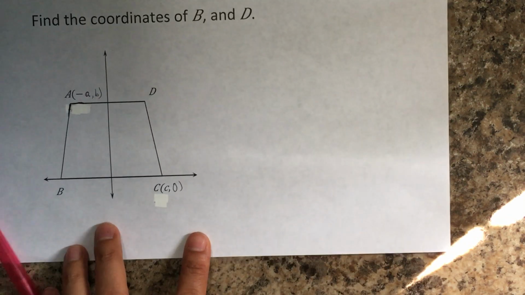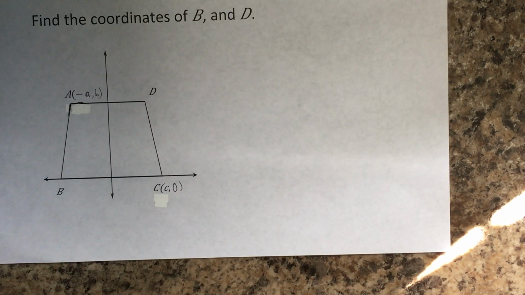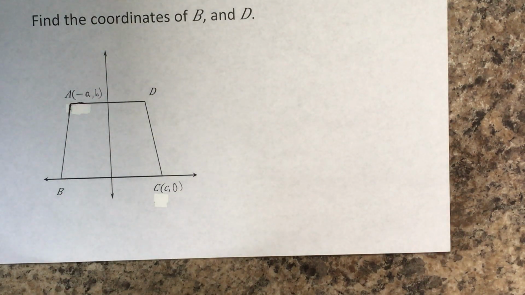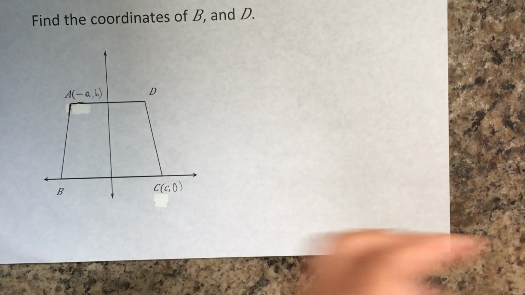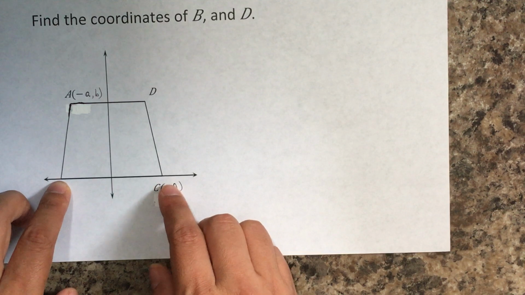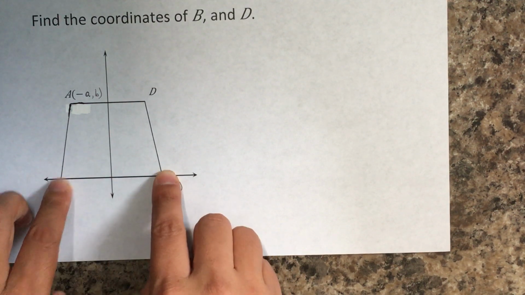Let's do one more. And this one has different letters as well. So what are B and D? Well, we can compare D to A and B to C because this is the same distance as this one, right?